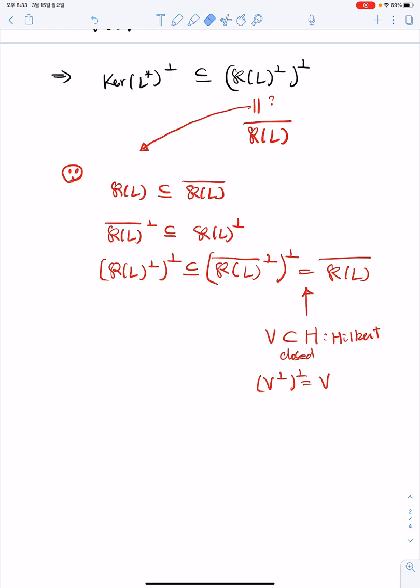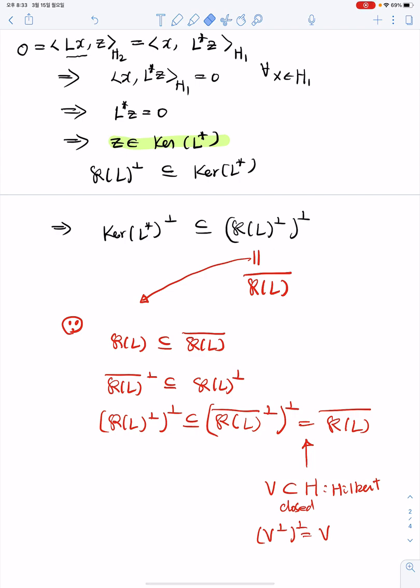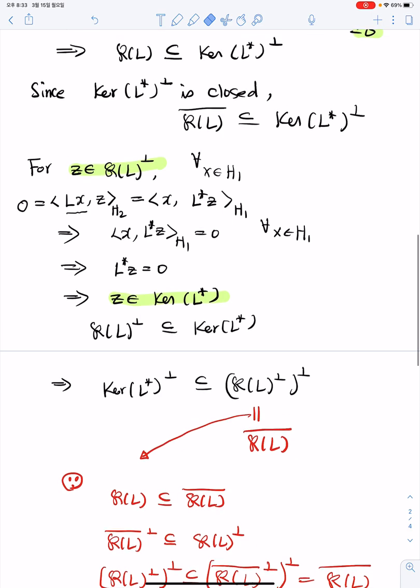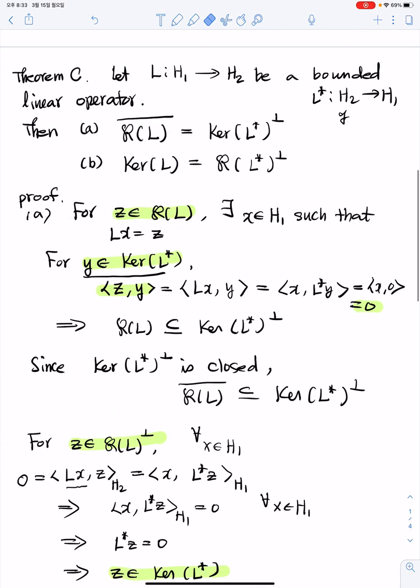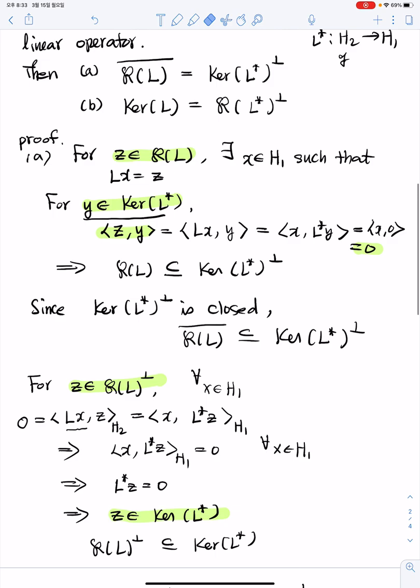Okay, this is what we partially proved. So this is true, and finally we proved the A part.